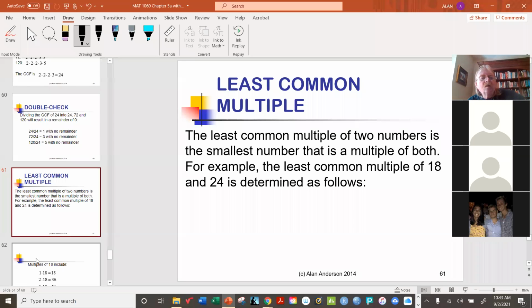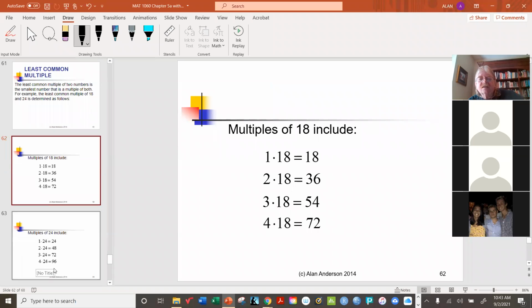Basically multiples are simply products of a number and all of the natural numbers. So for example, the multiples of 18 start with 18 itself. Then we have 36, we have 54, and you can see what's happening is all I'm doing is multiplying 18 by the natural numbers, and I can keep going as long as I want.